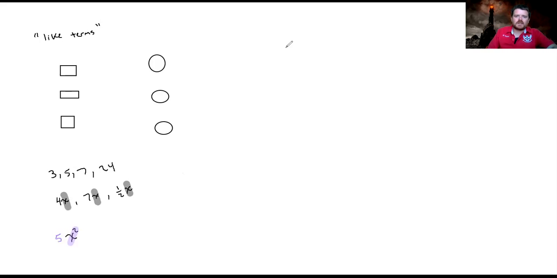So if I asked you to combine some combination of these things that are on the screen, you cannot combine x's and x squareds with addition or subtraction. They are different. However you need to remember that for your notes, make a note of that. X's and x squareds are different, and that goes for any variable: a's and b's, a squareds and b squareds. They are different terms.